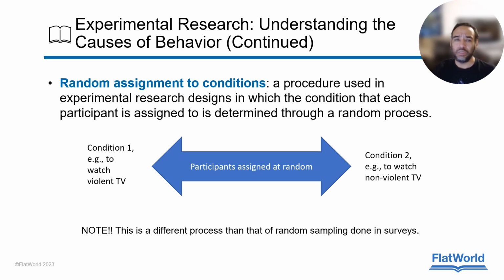That would not be a random assignment to conditions. So sometimes you'd get a team with better players, right? And well, that's the goal of professional sports. I would say that's probably the goal of collegiate sports as well, and high school sports.